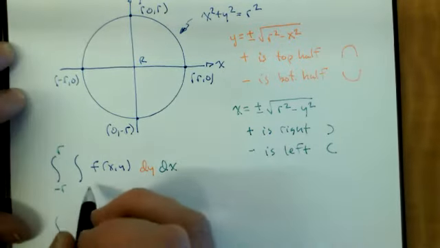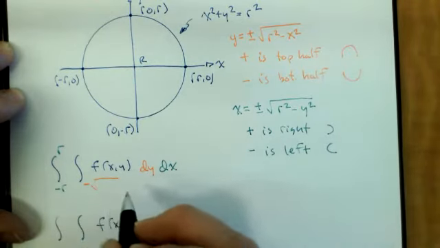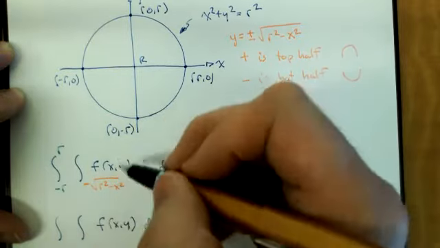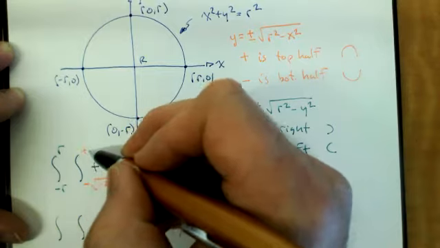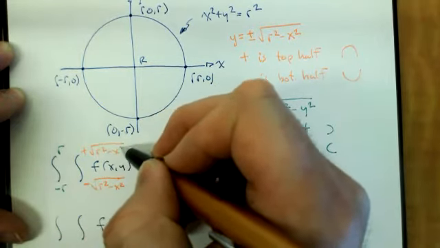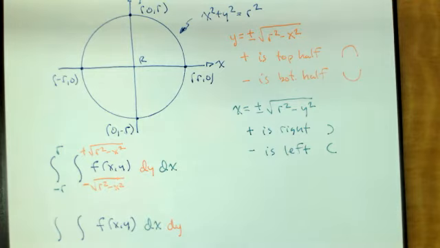So we'll integrate from negative square root of r squared minus x squared to positive square root of r squared minus x squared. Y goes between the bottom half and the top half. X goes from negative r to r. That gives us the whole circle.